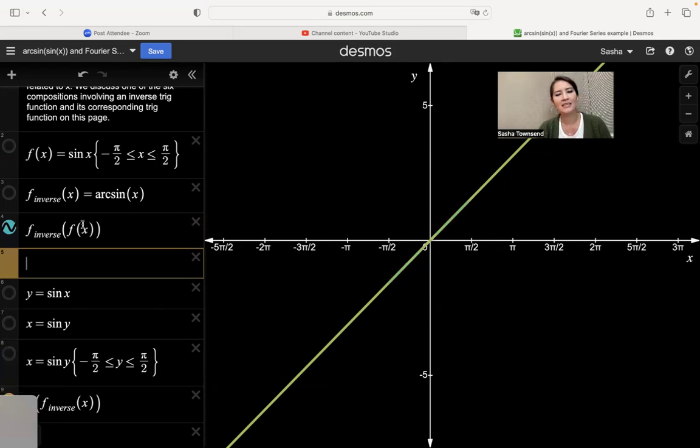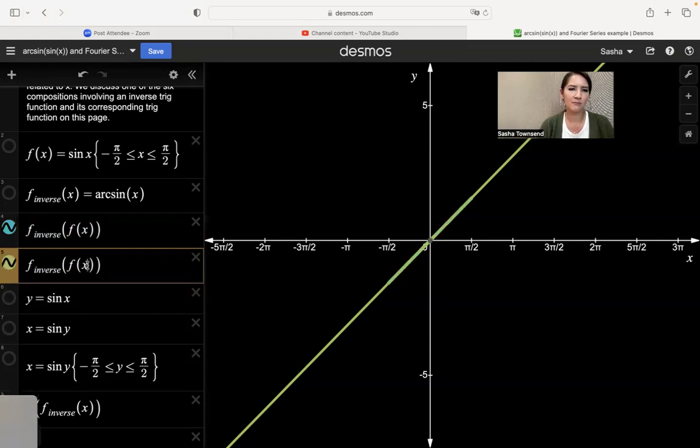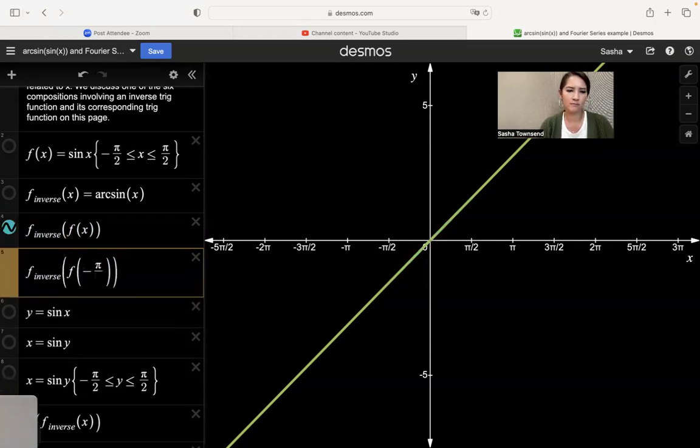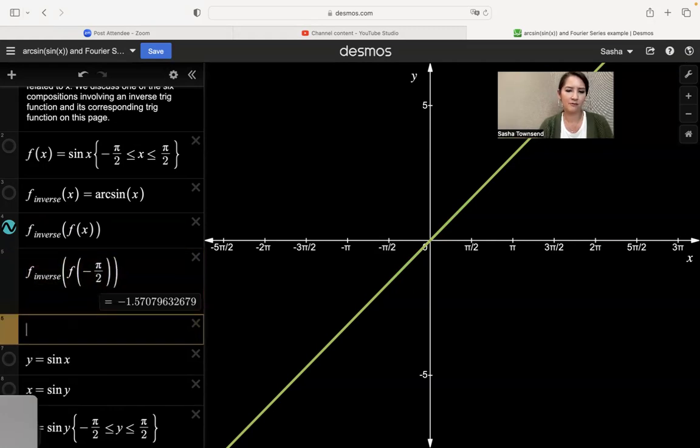the x values at the end of my domain for f of x, so f of x has this restricted domain of -π/2 to π/2. This is what we get. We'll evaluate this at -π/2. And we'll evaluate the same expression at +π/2.